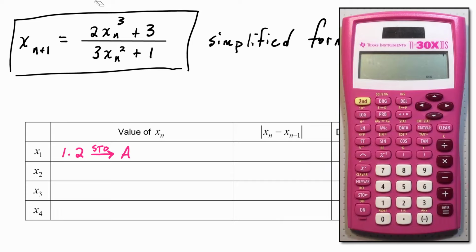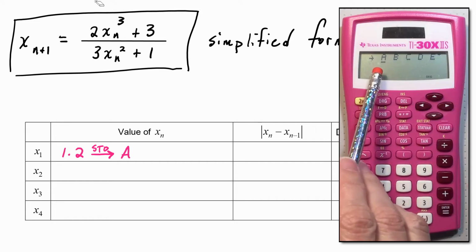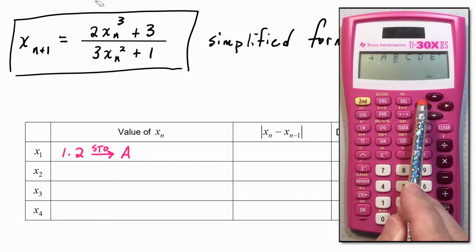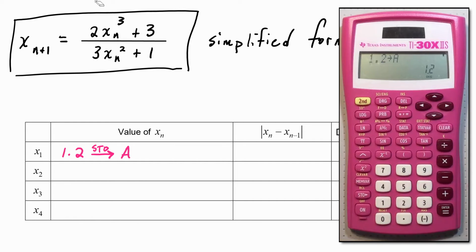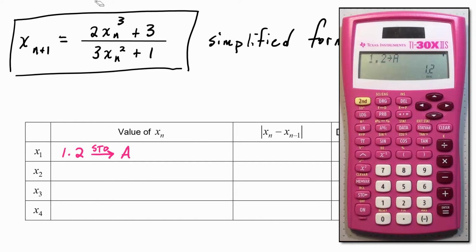So to use my calculator, I'm going to take that x1 value of 1.2 and store that in memory location A. So if my cursor wasn't there, I would move my cursor under the A and then hit enter.